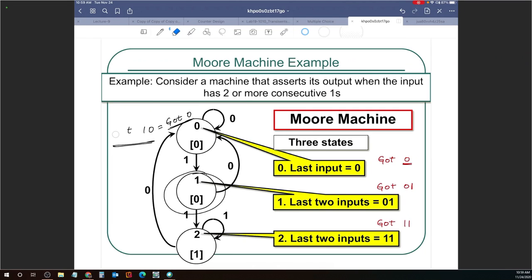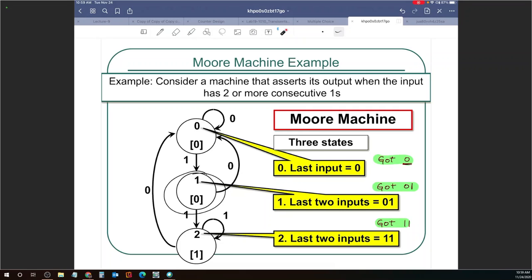You guys are absolutely right. I hope you see why we chose these states, and you can write them in other words as well. Got 0 is the same as saying the last input was 0. Got 0, 1 is the same as saying last 2 inputs were 0, 1, and then last 2 inputs were 1, 1. Those are my 3 states. I don't need to worry about any more states with this.